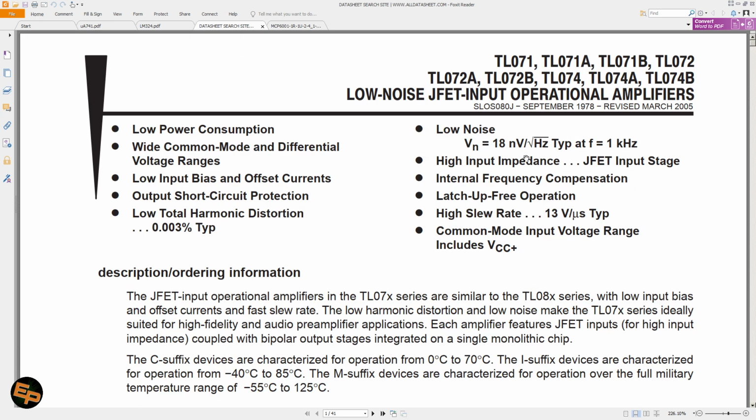Similarly, if we go to the first page, just like in LM324, we see this information written like common mode input voltage range includes VCC plus. And that's yet another clear sign.